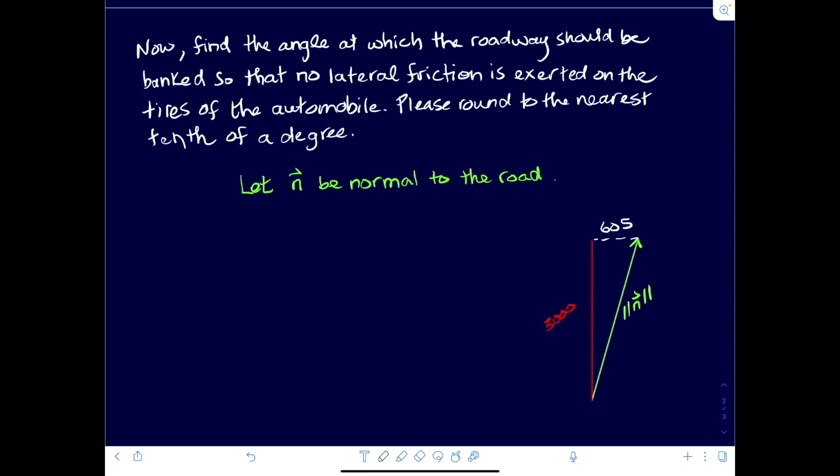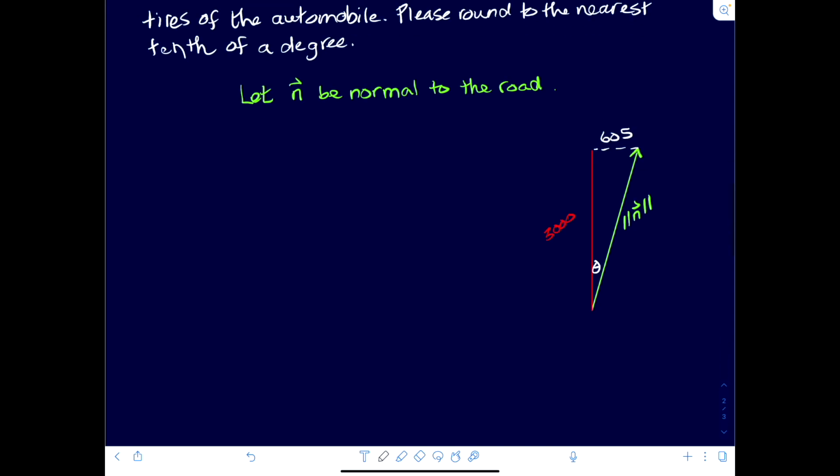So here you end up with this angle theta, right? And we want this to the nearest tenth of a degree. So here, well, what do we have?